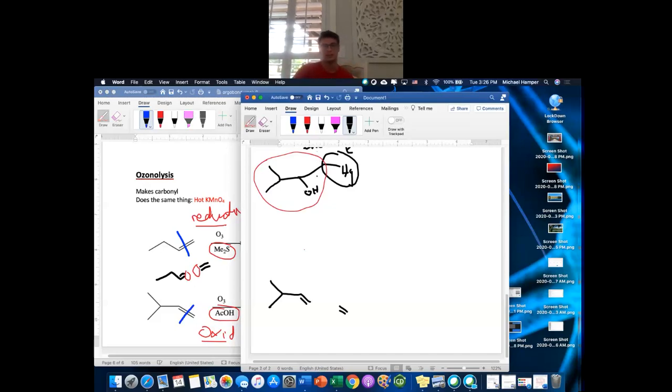You're dealing with oxygens, so you're going to have one, and this is a carbon here, but you're going to add another O. So these are your two products.